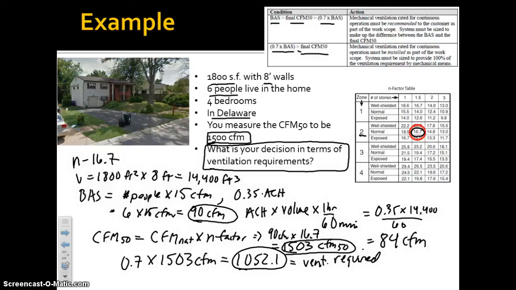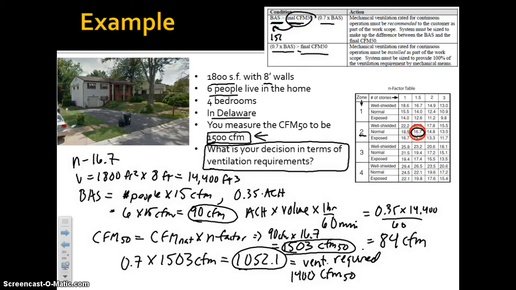So at 1500 CFM, we are fine. We're right about here. We're actually a little bit on the other side of the BAS, so we're okay. If we were just a hair less, let's say we were at 1400 CFM 50, then we'd actually be in this range, because we're less than 1500.